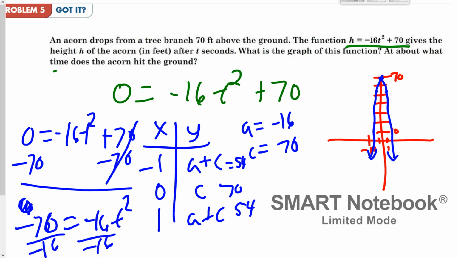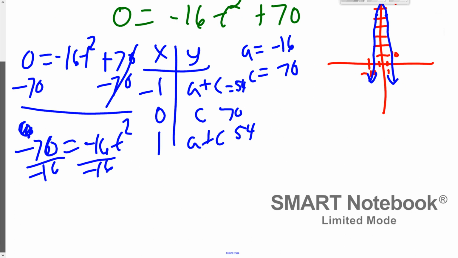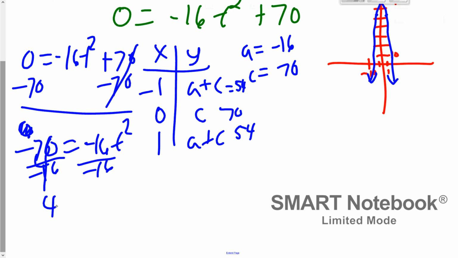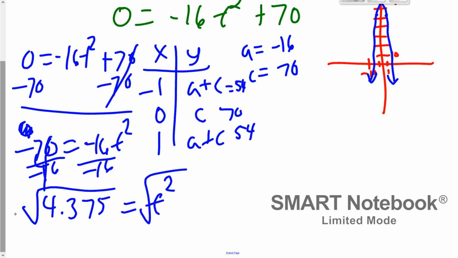Negative divided by negative is a positive. 70 divided by 16 equals 4.375 equals t squared. How do we get rid of squared? Square root. We don't care about the negative, right? We just care about the positive, so I'm going to square root that answer, and we get 2.09. So t is equal to 2.09, so it's approximately 2 seconds, 2.09 seconds. All right, there you go.